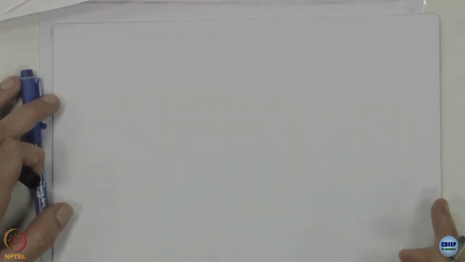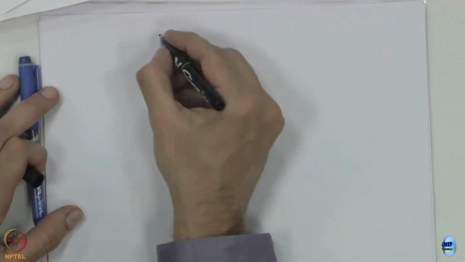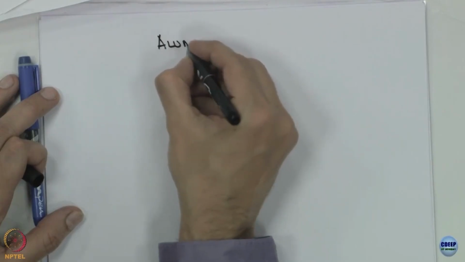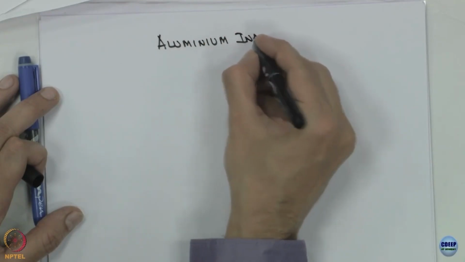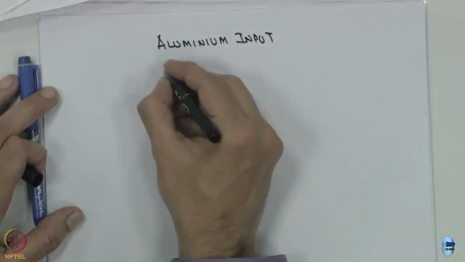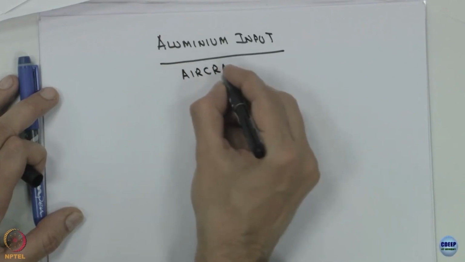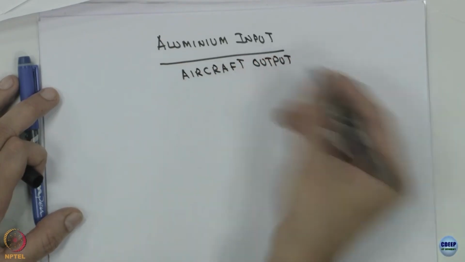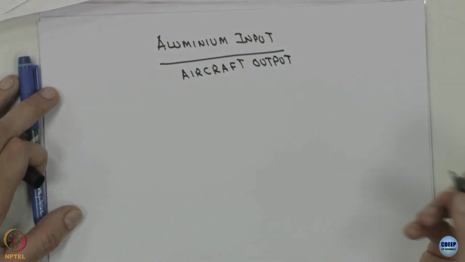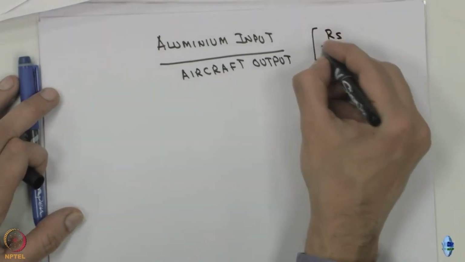So, for instance, if we are looking at aluminum being used for aircraft production, this will be aluminum input by aircraft output. And what will be the units? This will be in millions of rupees, crores of rupees. So, it is going to be in the monetary units, rupees per rupees.